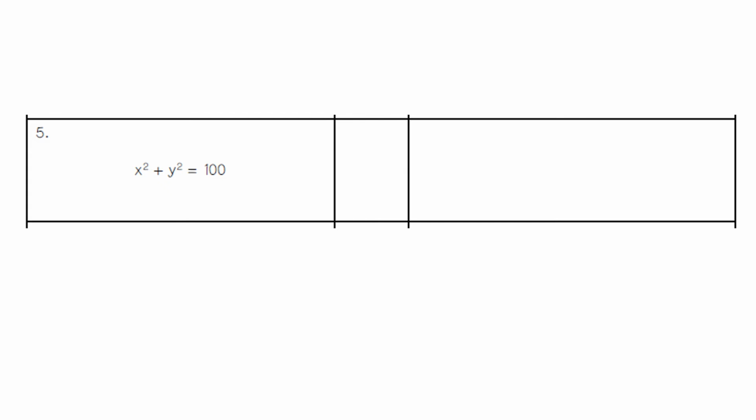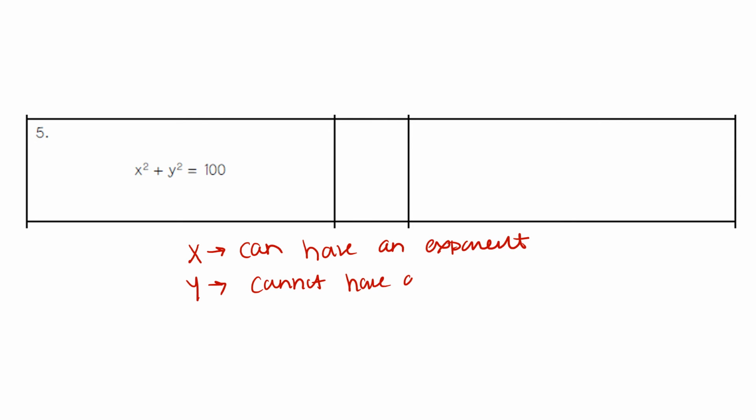For number 5, we have another equation. Now, before we talked about how the x value can have an exponent. And we talked about how the y value cannot have an exponent. However, our exception to this rule was the equation x squared plus y squared. If we have that equation, it is a function.